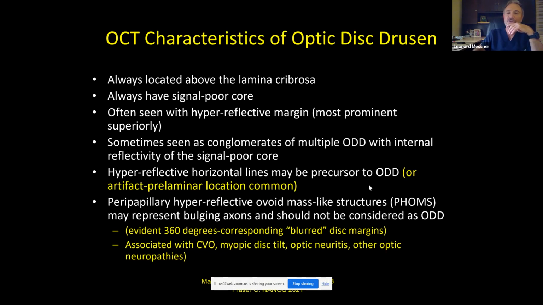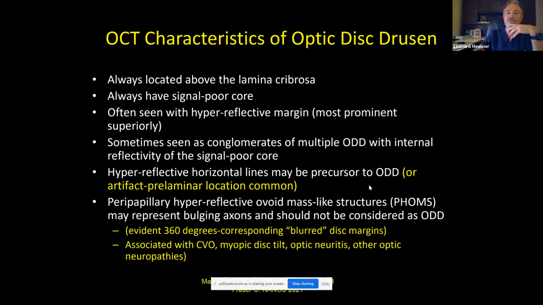And do not confuse these with optic disc drusen, because they simply represent a bulging of axons around the perimeter of the optic nerve. And that's what gives you that blurring, that white ring that you see around the optic nerve. Another thing is that anything that produces optic disc edema, or anything that produces a compartment syndrome of the optic nerve, can also produce these PHOMS, such as central vein occlusion.